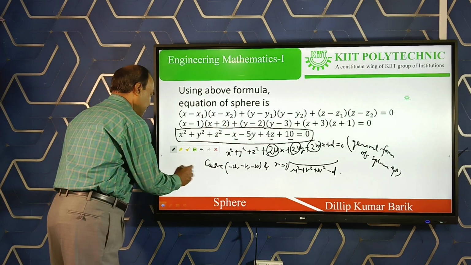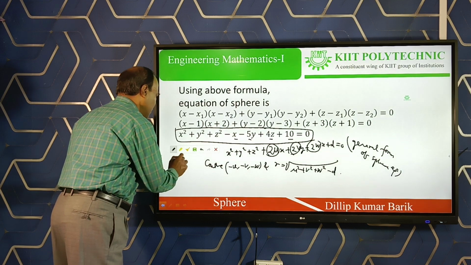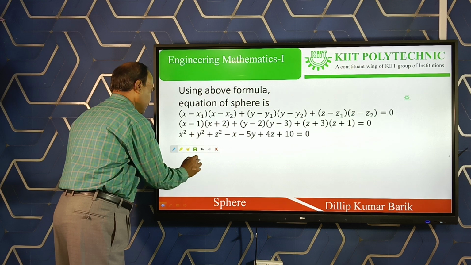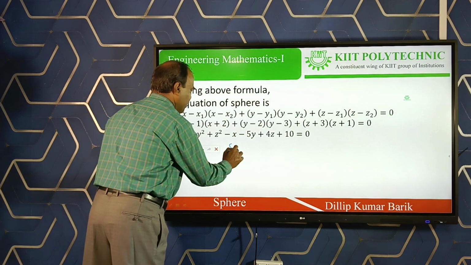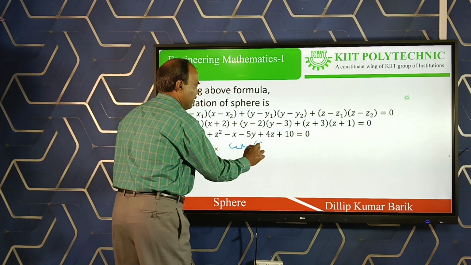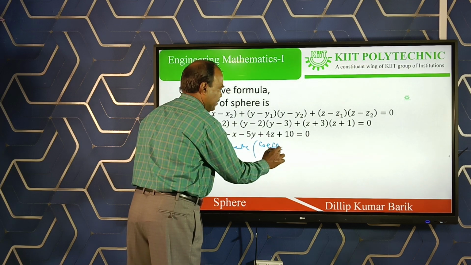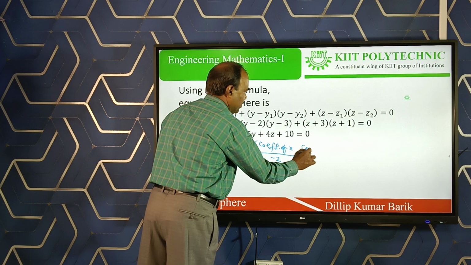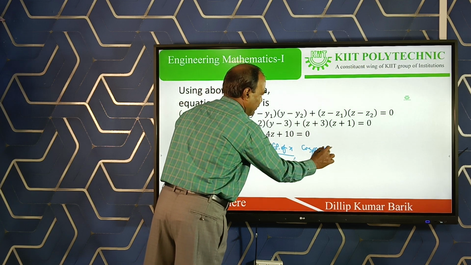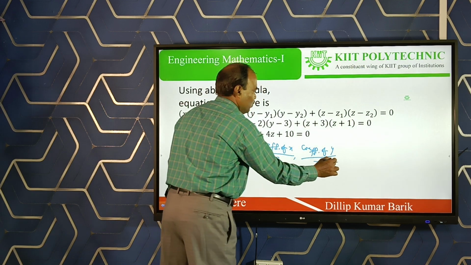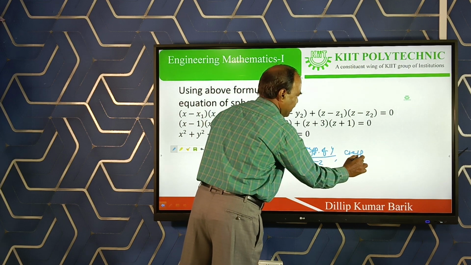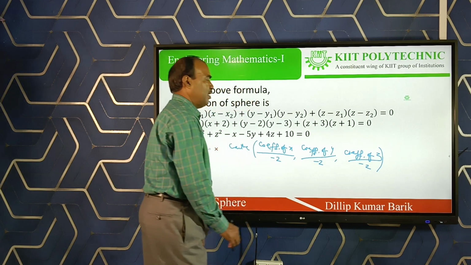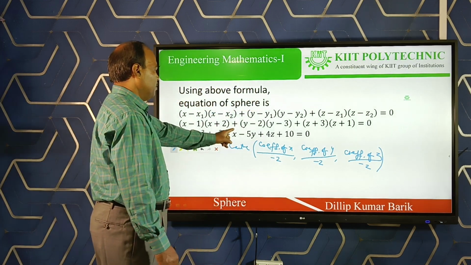Of course, another shortcut method: the center is the coefficient of x divided by minus 2, the coefficient of y divided by minus 2, and the coefficient of z divided by minus 2. This is the center formula using the above data.